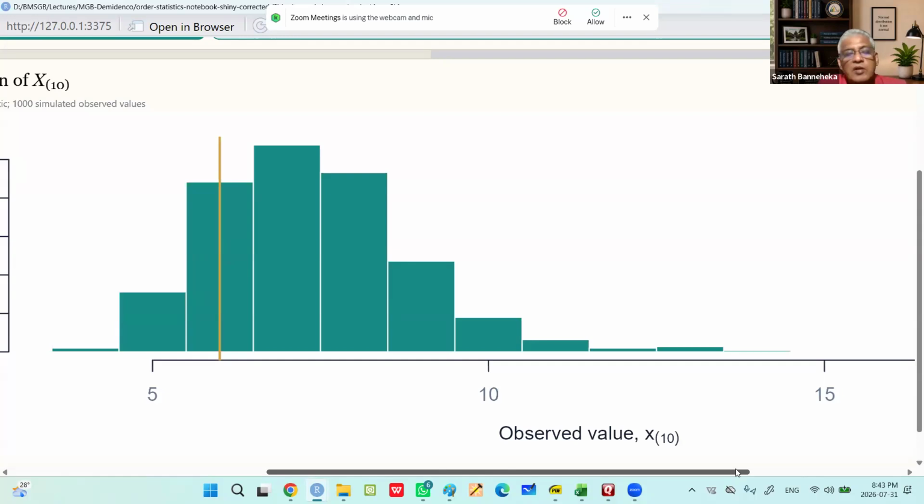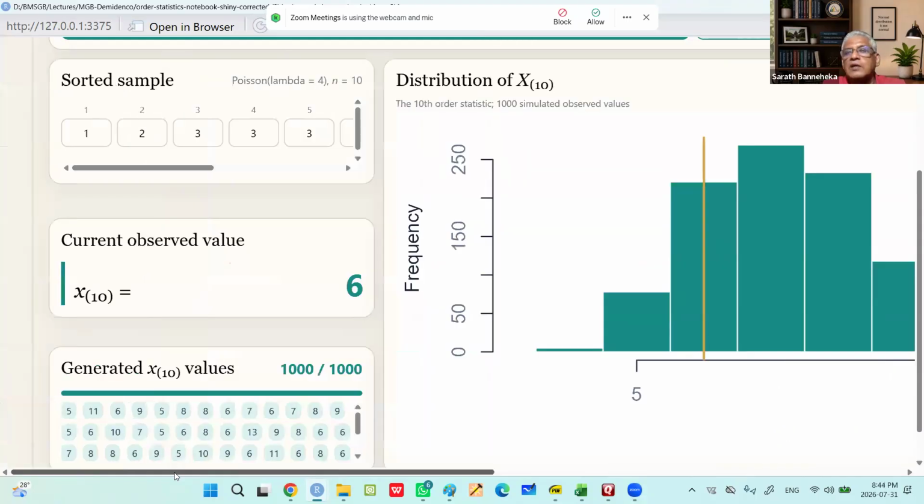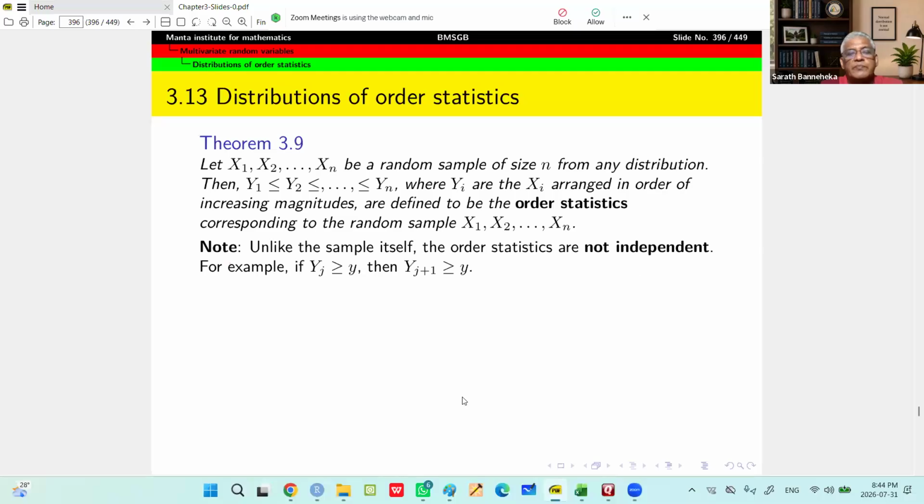That kind of thing can be obtained from simulated distributions also. Right, so I think it is now clear to you what we mean by order statistic and what we mean by the distribution of the order statistic, or the sampling distribution of the order statistic.